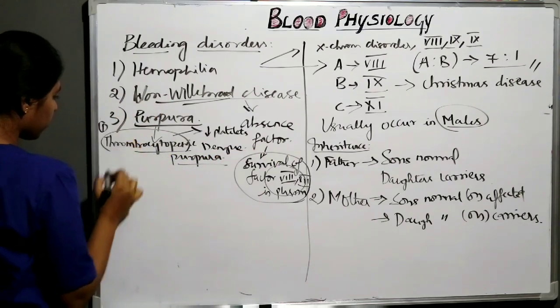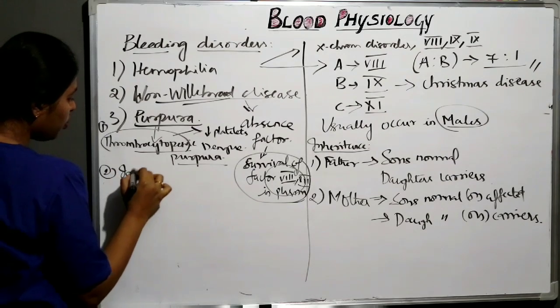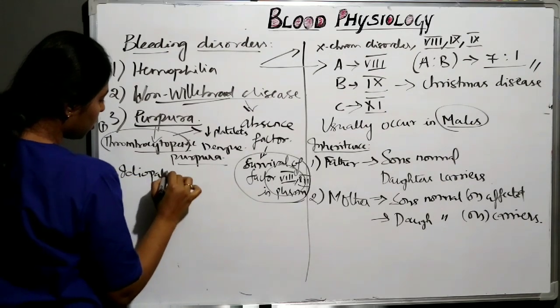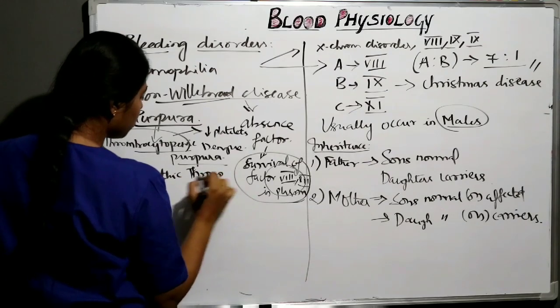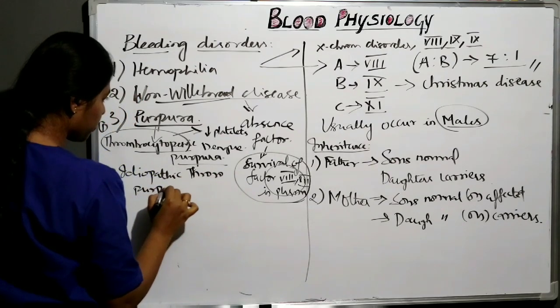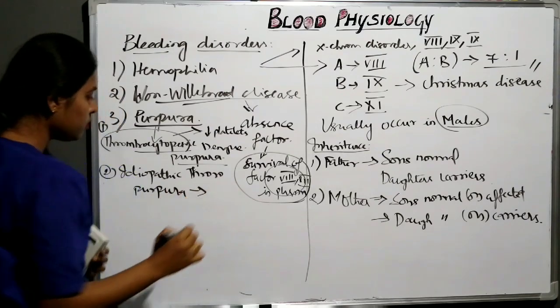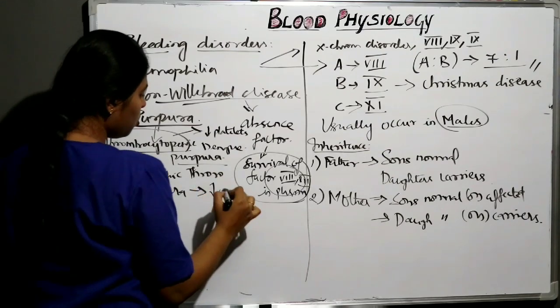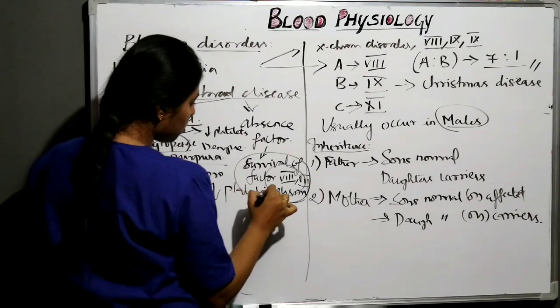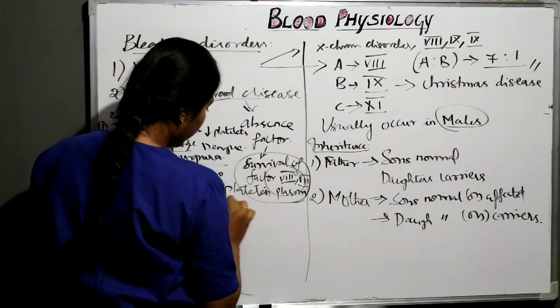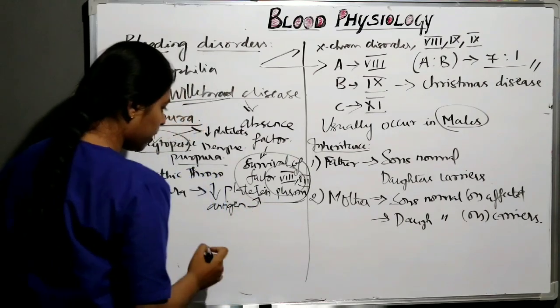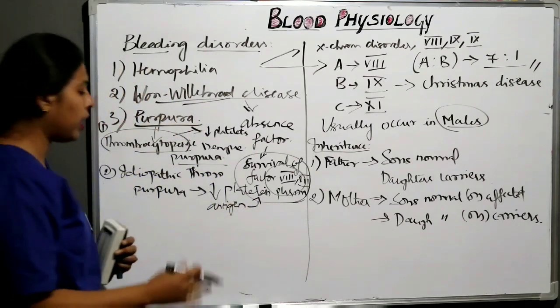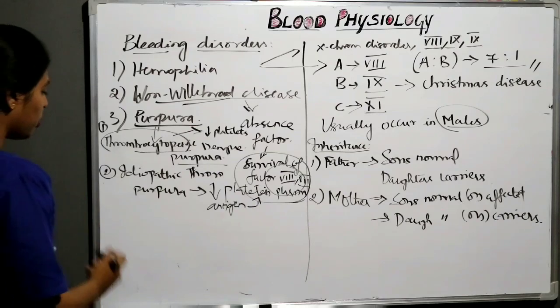Then second one, idiopathic thrombocytopenic purpura. In this also platelet count decreases due to an antigen presence against the platelets, but the cause is unknown, hence it is called as idiopathic purpura.